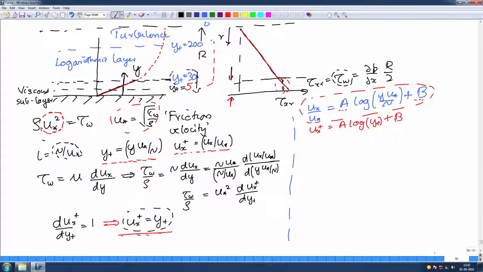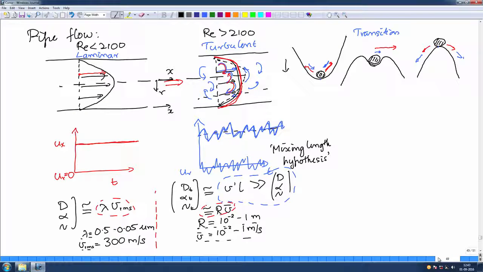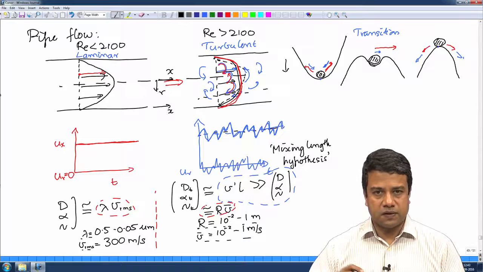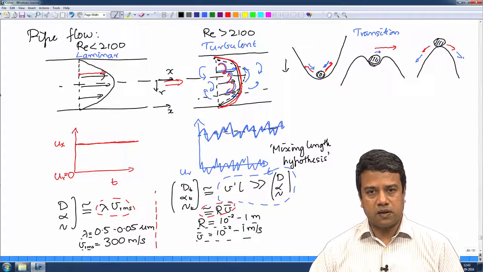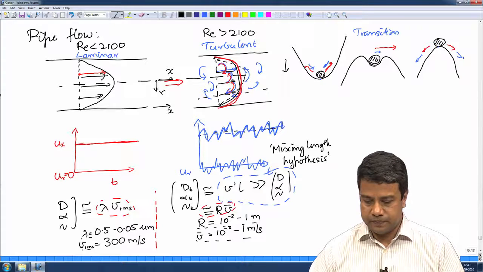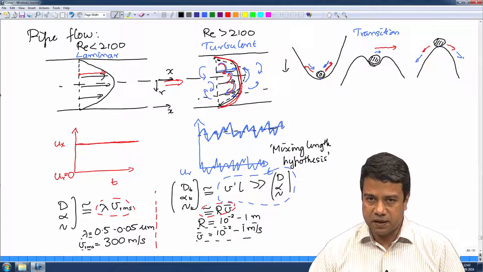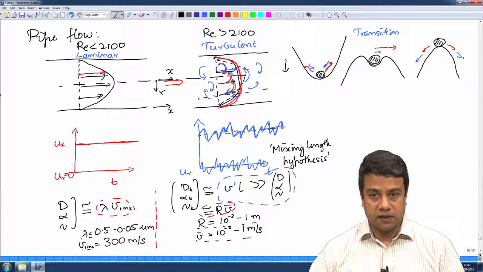I had shown you that for a turbulent flow, in the bulk of the flow, there are velocity fluctuations in all directions. There are eddy velocity fluctuations, correlated parcels of fluid that are in correlated motion, and so therefore, a turbulent flow is inherently unsteady and it is inherently three dimensional.